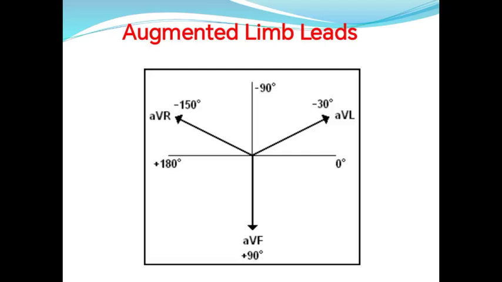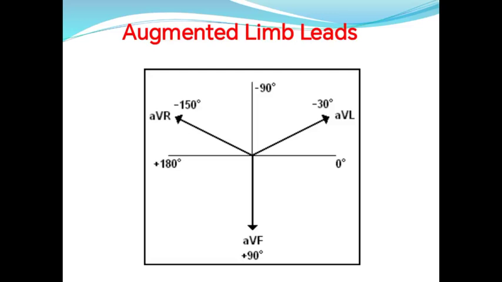The augmented leads use the center of the heart as the other end of the vector. For the AVR, AVL and AVF, all 3 leads use the center of the heart. Augmented limb leads are unipolar. That means they have one electrode, and the other electrode is the virtual one, which for all of them is the center of the heart.